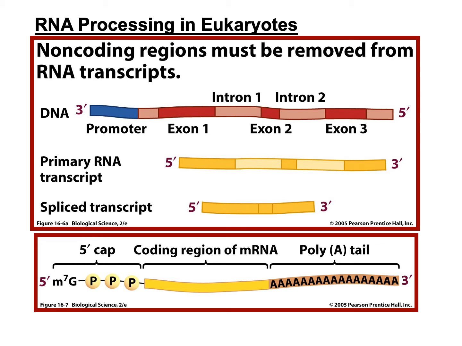The average length is about 250 A-containing nucleotides. This too is thought to protect the messenger RNA from RNases, because as the enzymes would begin to degrade the RNA, they would begin degrading the A-containing nucleotides and not the important information. Both the cap and the tail do play an important role in protein synthesis, which we'll see in our next lecture.